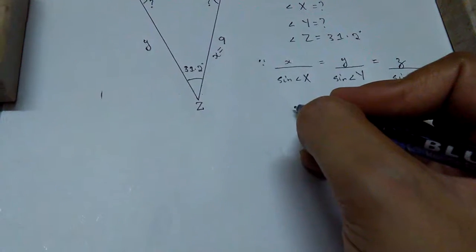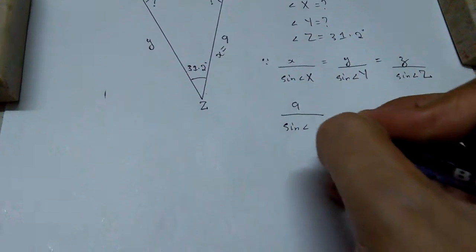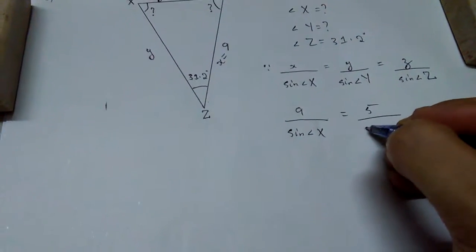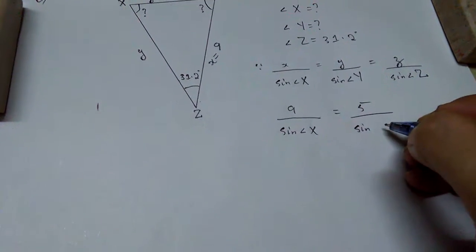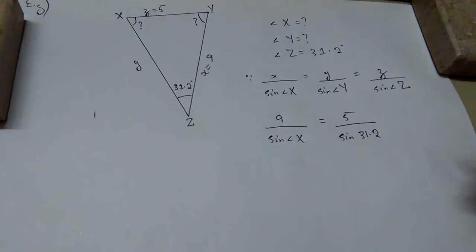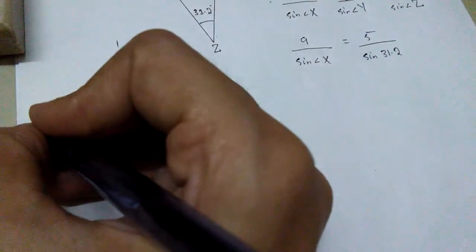So it is x, which is 9, upon sine of angle X, which I have to find, equals z, which is my 5, upon sine of angle Z, which is 31.2. Now let us swap the values here and there.